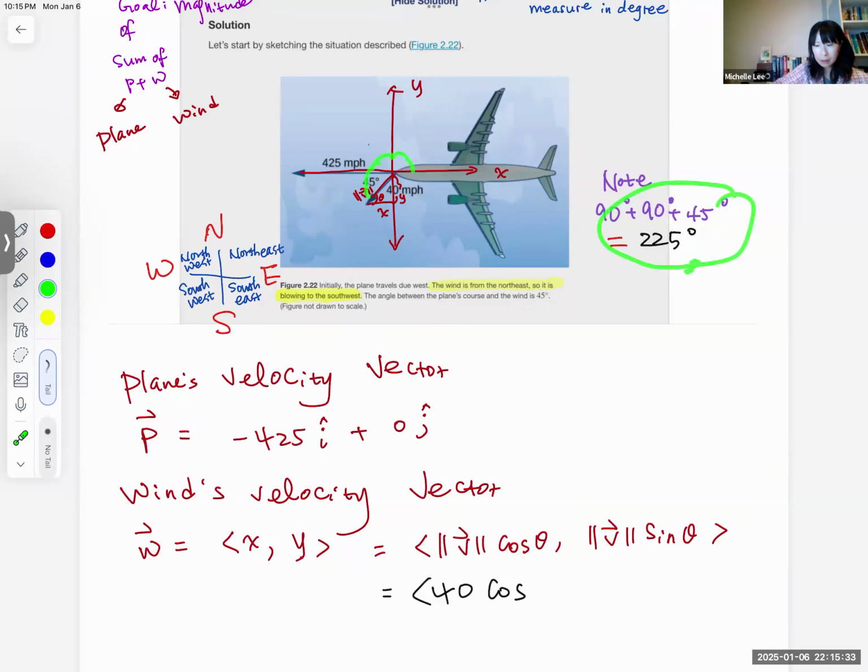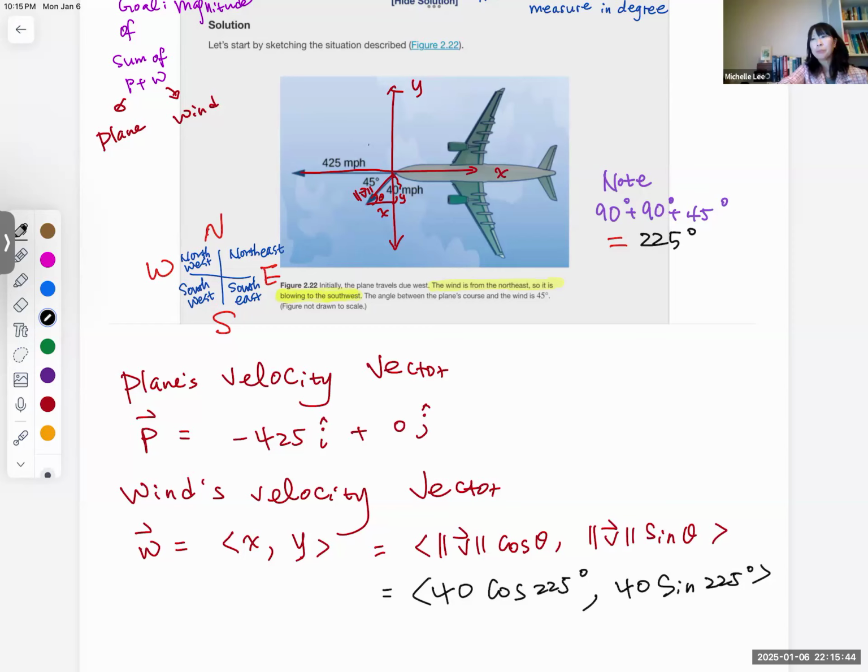Make sense? So we have 40 cosine 225 degrees and 40 sine 225 degrees. So far, so good.